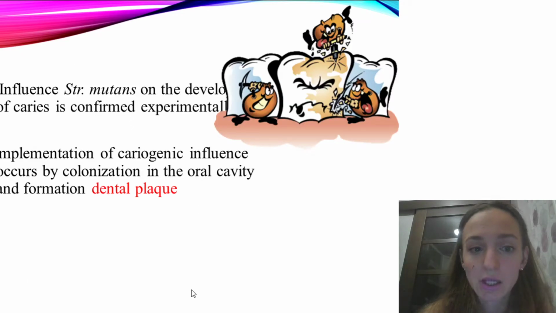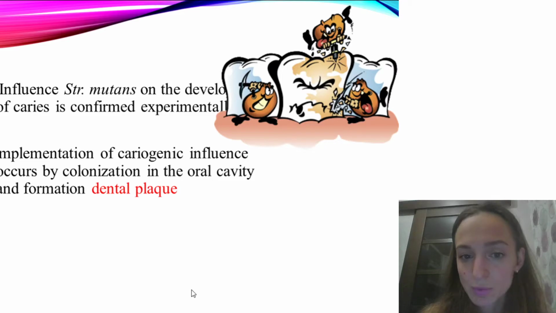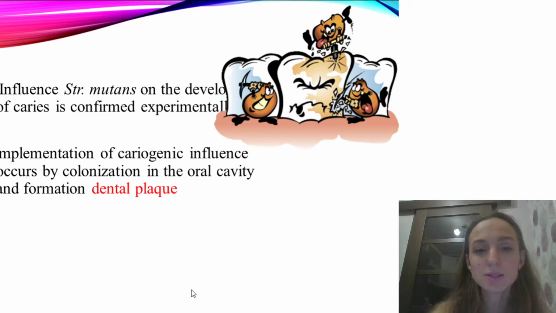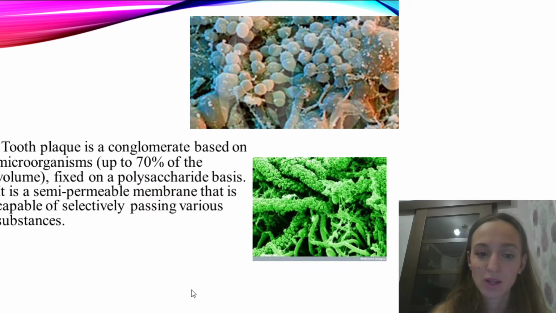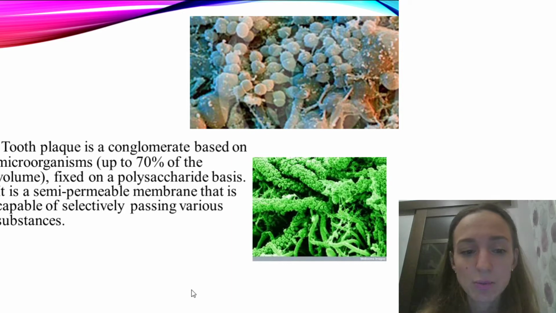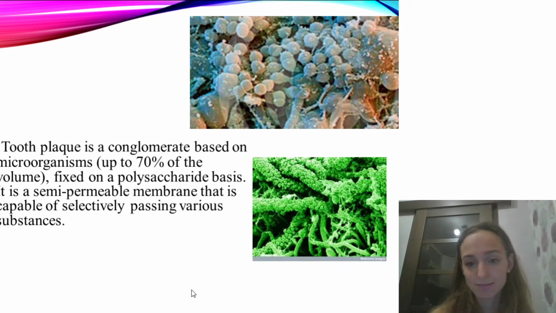Next one, the influence of Streptococcus mutans on the development of caries is confirmed experimentally. Implementation of cariogenic influence occurs by colonization in the oral cavity and formation of dental plaque. And tooth plaque, as I said on the previous slide, is a conglomerate based on microorganisms, up to 70% of the volume, fixed on a polysaccharide basis.